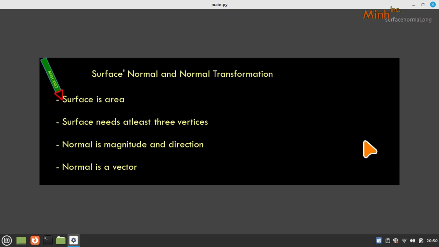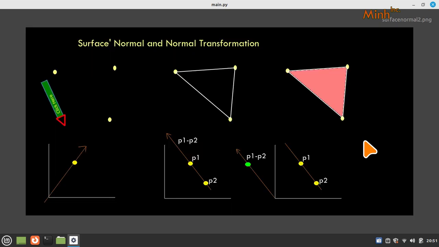Surface is an area, normal is a direction. It has magnitude and direction. Normal is a vector, surface is not a vector. Surface can have direction, we can think about it, but there is a difference.